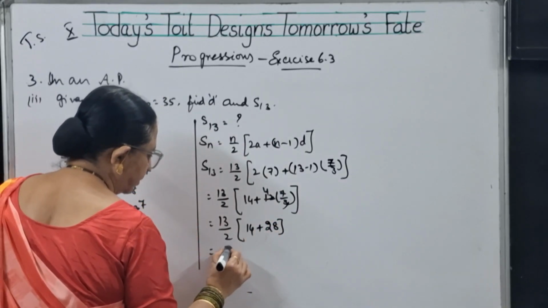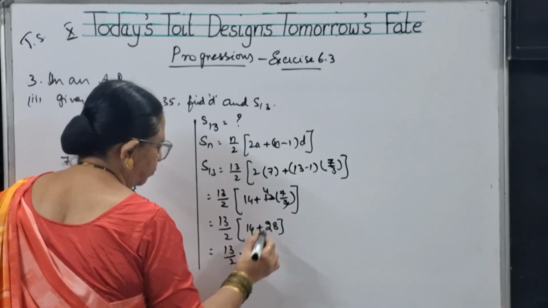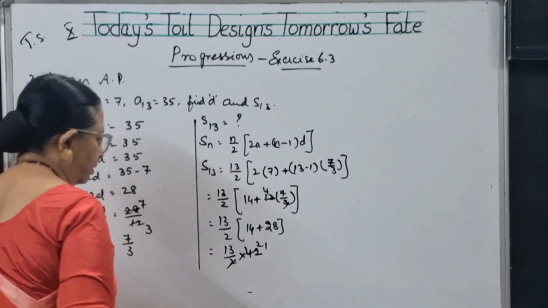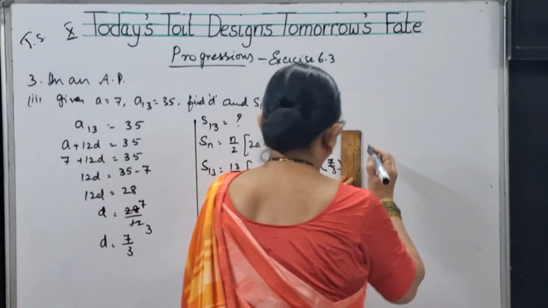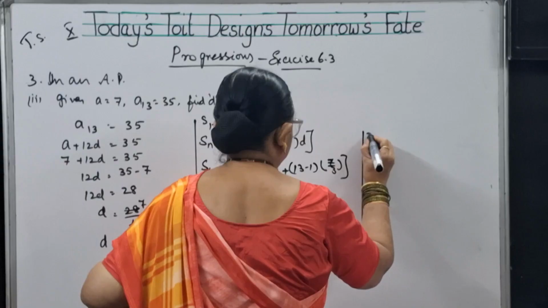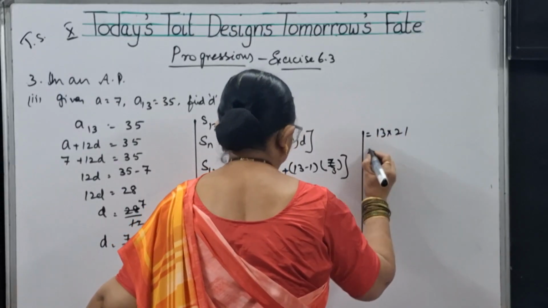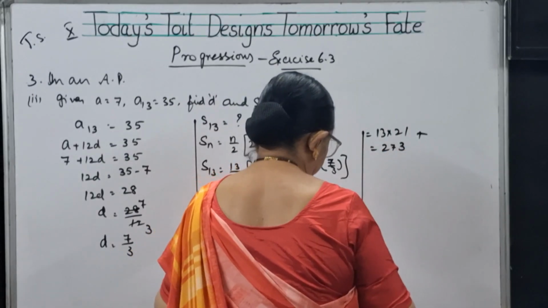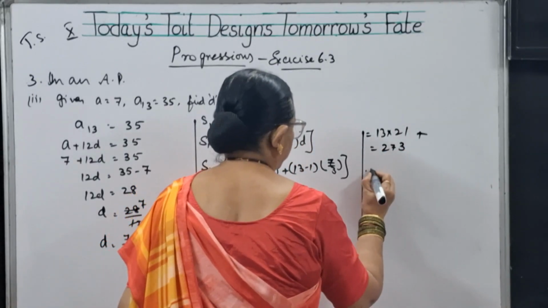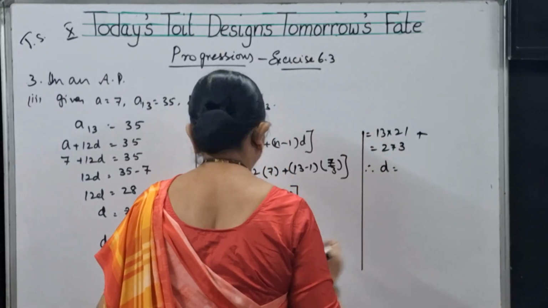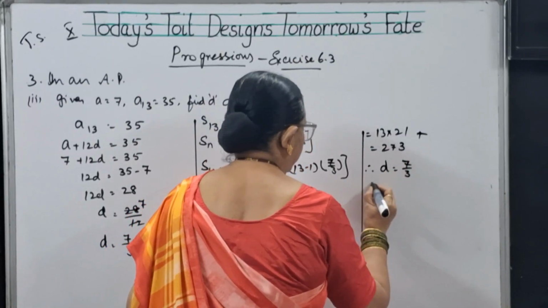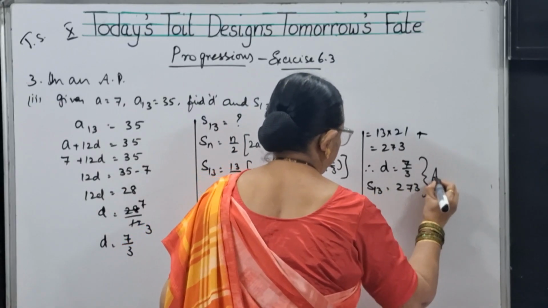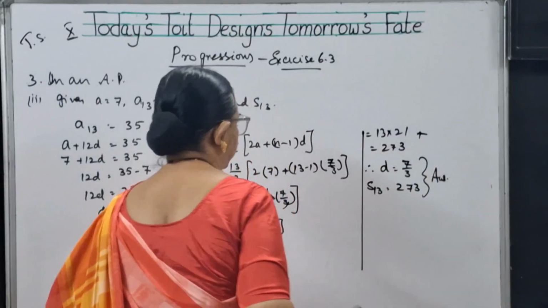That means 13 by 2 into (14 plus 28), which is 42. 2 twenty-ones are 42, so you are getting its value as 13 into 21, that is 273. So the problem is you have to find out d. d is 7 by 3 and S13 is 273.